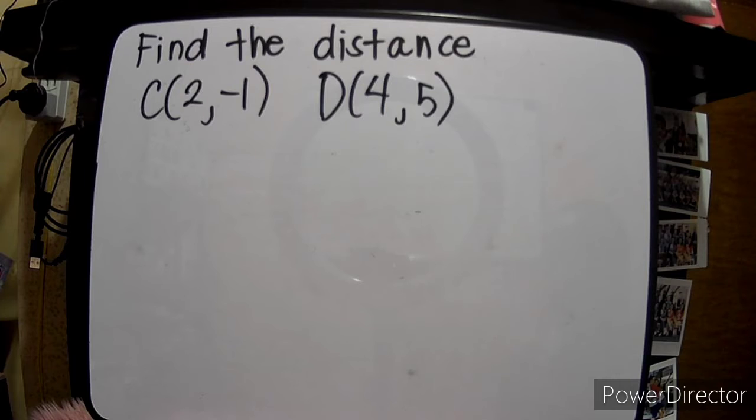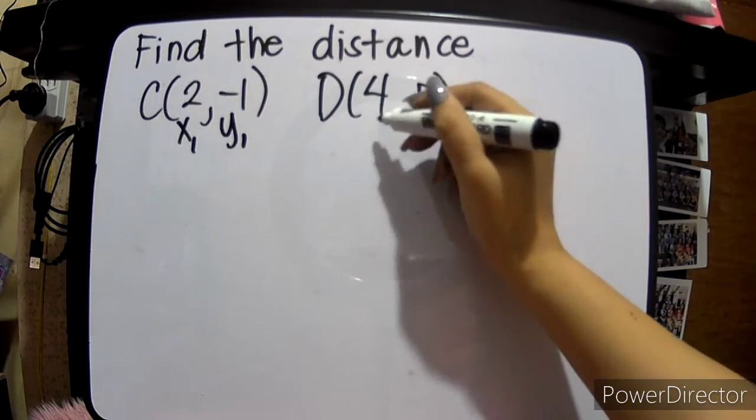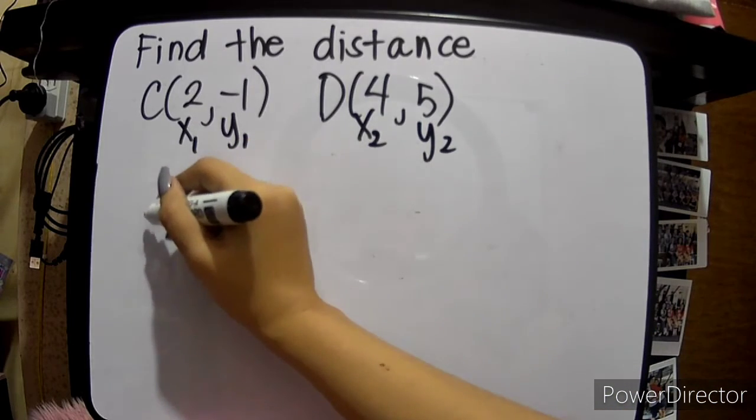Okay, another example for distance where C is (2, -1) and D is (4, 5). So again, this will be our x sub 1, y sub 1, and this is x sub 2, y sub 2.